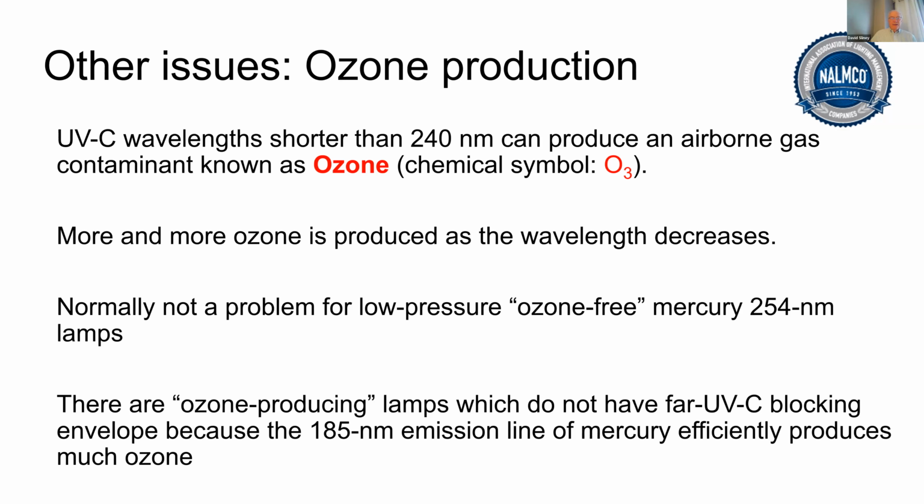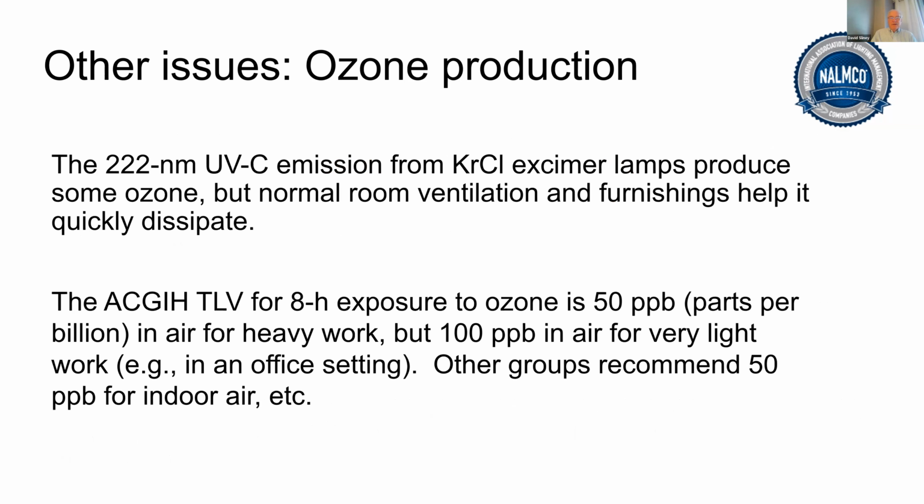These do not have the far UVC blocking envelope because there's a very strong emission line at 185 nanometers in the far UVC, even beyond far UVC, and it efficiently produces a lot of ozone. Basically, I can tell you this, that if you have a couple of air changes an hour, the production of ozone should not be a significant concern.